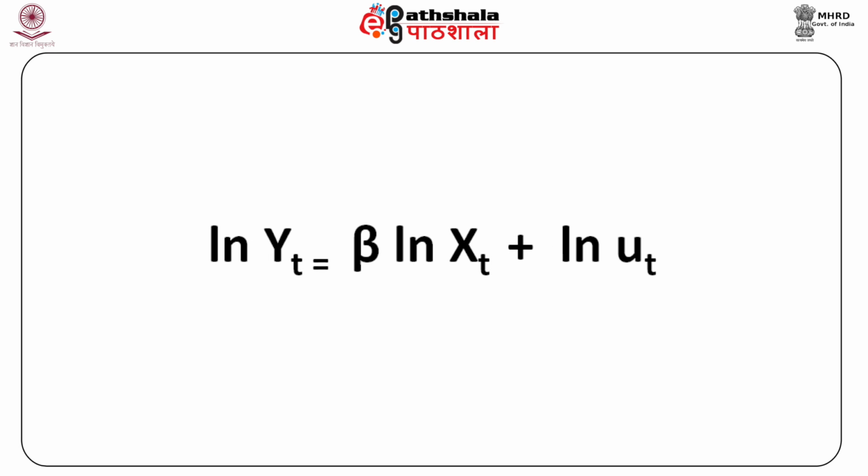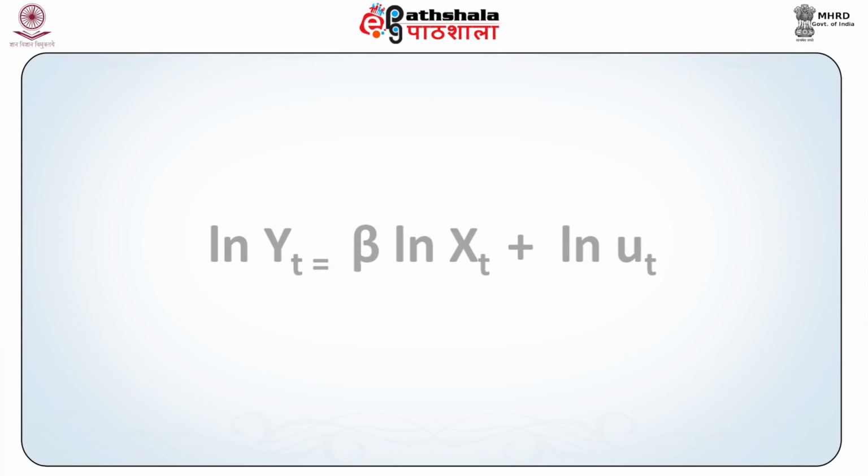To estimate this model, if log transformation is applied to the equation, the error term now becomes log mu t. Log yt is equal to beta log xt plus log mu t. In estimation of this, the entire model gets transformed and may or may not satisfy the basic assumptions of classical linear regression model.